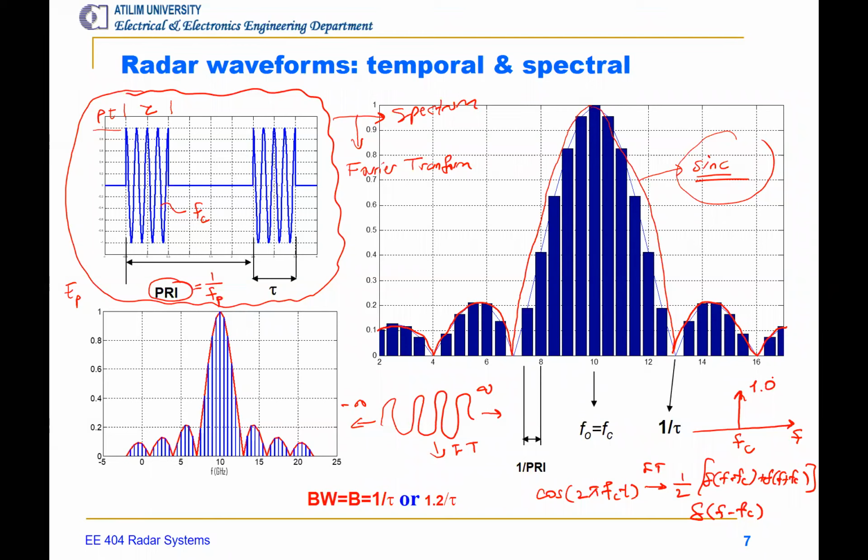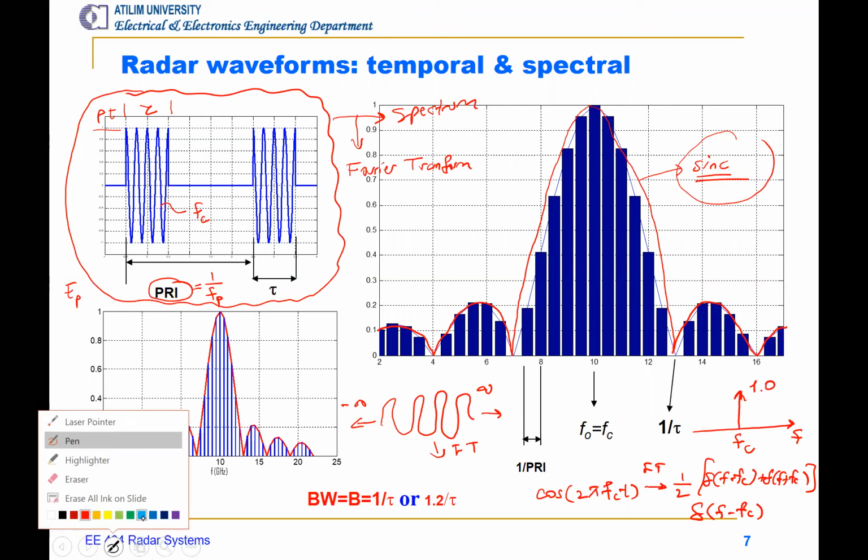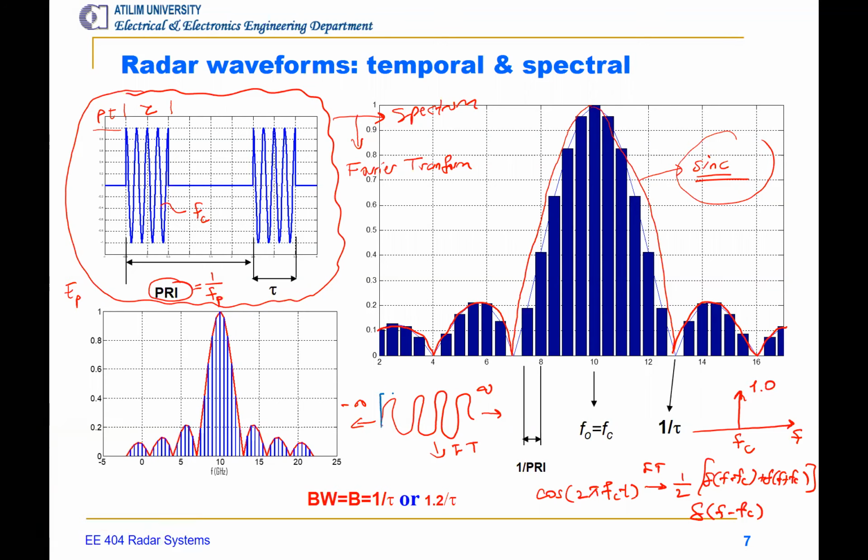So what will happen if you limit this cosine? If you limit this cosine with a tau, let's say, then this Dirac delta will be spreading, will be distorted into some kind of sinc function. Then the spectrum will look like this.